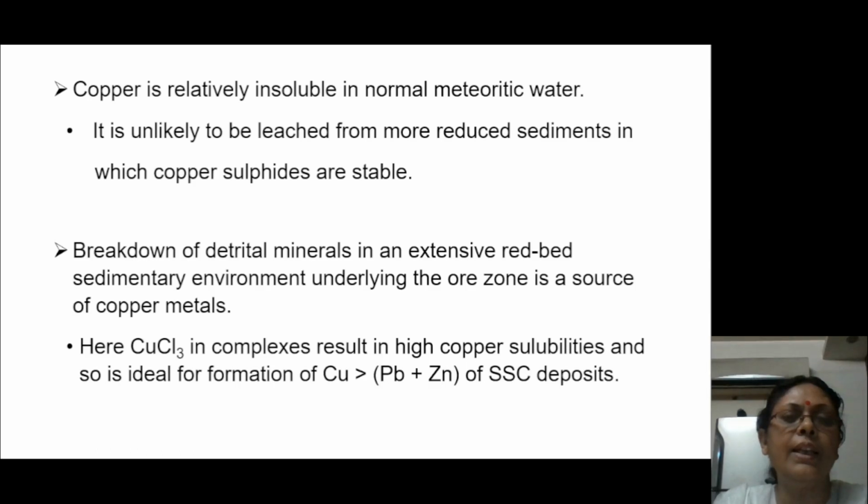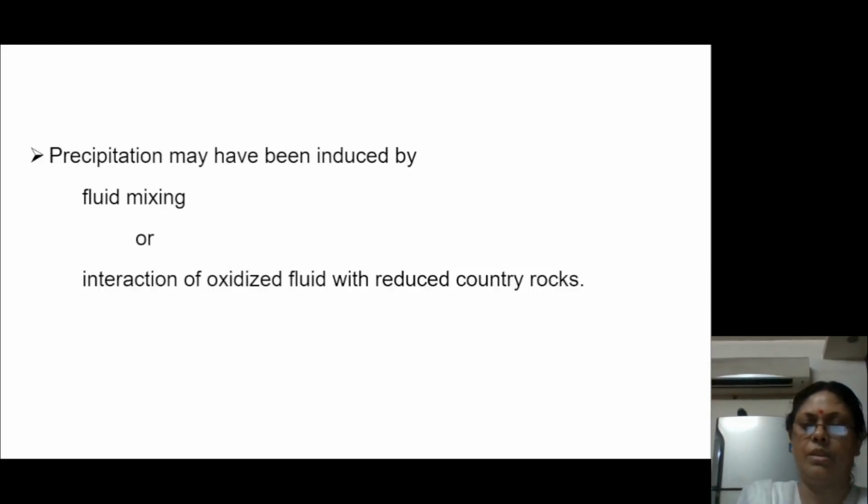It is unlikely to be leached from more reduced sediments in which copper sulfides are stable. Breakdown of detrital minerals in an extensive red bed sedimentary environment underlying the ore zone is a source of copper metals. Here, copper chloride complexes result in high copper solubilities and so is ideal for formation of copper more than lead and zinc of SSC deposits.